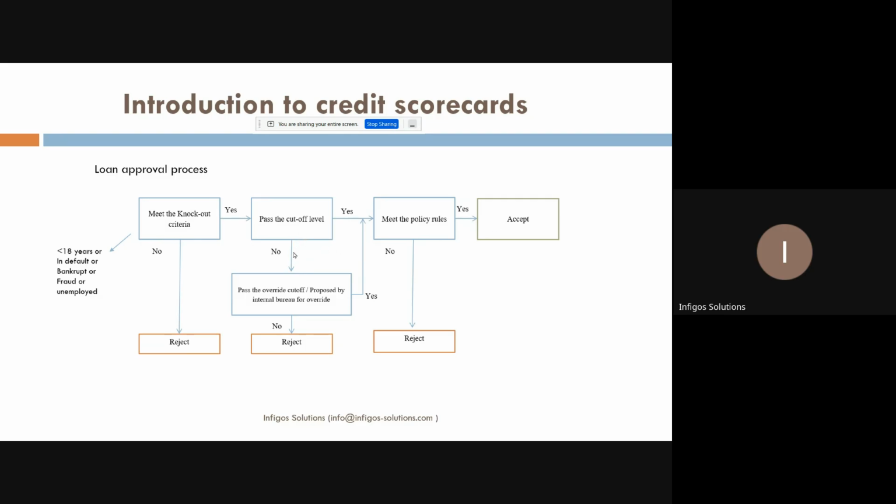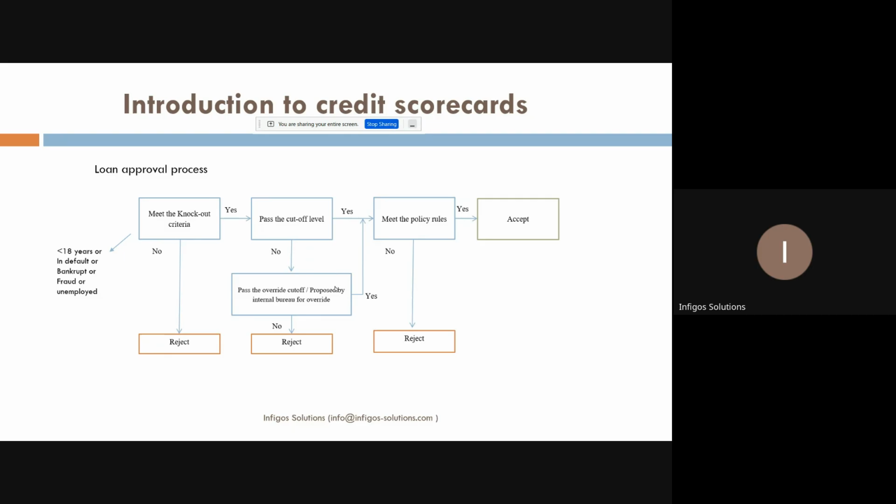Second option is there are some customers who are border case. For instance, if somebody gets 490 and the cutoff is 500, in that situation, you want to consider an override. Override means exception situation.